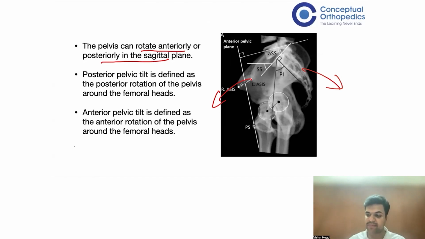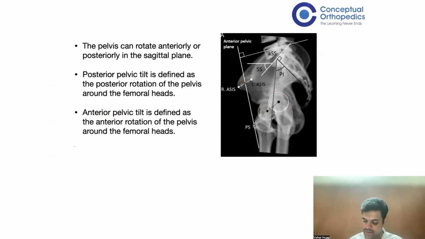This is around your hip joint. This is where your pelvis starts rotating either anteriorly or posteriorly. If it tilts posteriorly, we call it posterior pelvic tilt. If it tilts anteriorly, we call it anterior pelvic tilt. This is fixed. The rotation is happening around your hip joint. Agree?